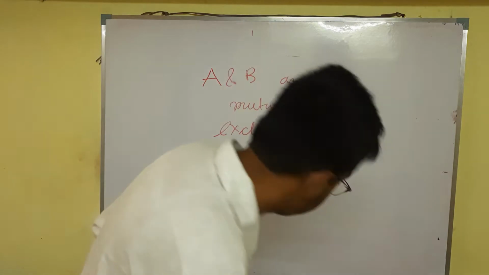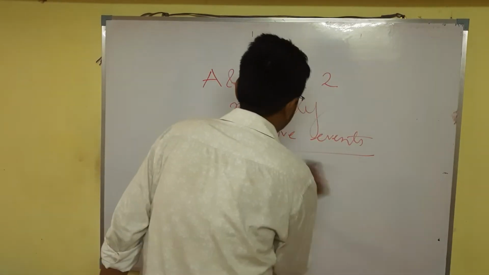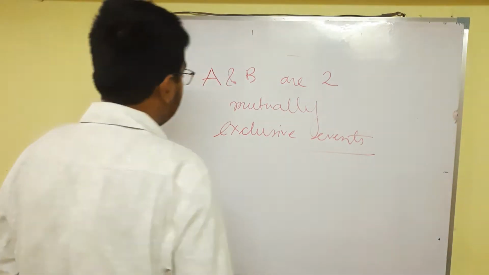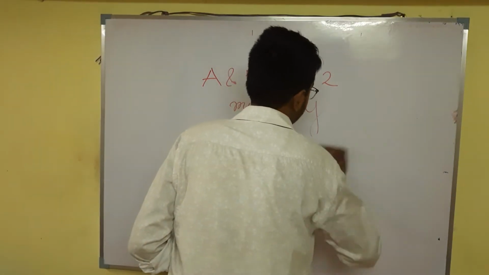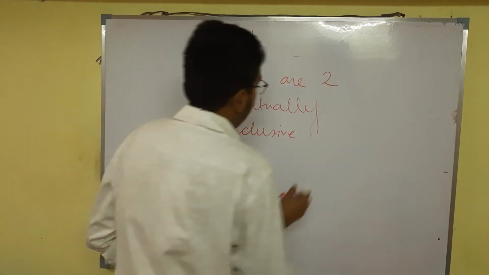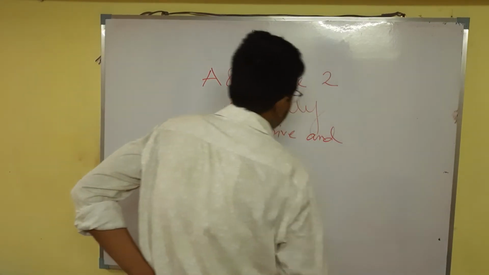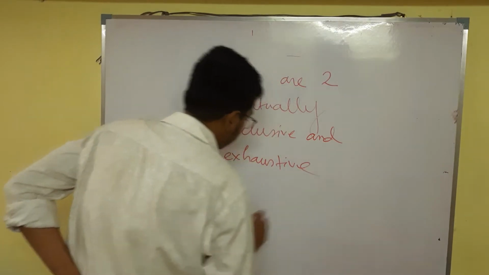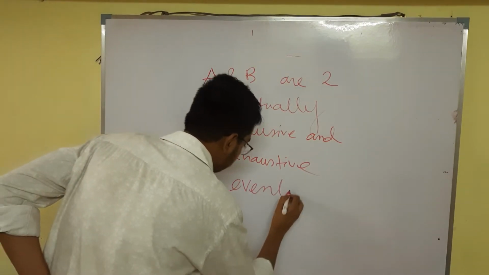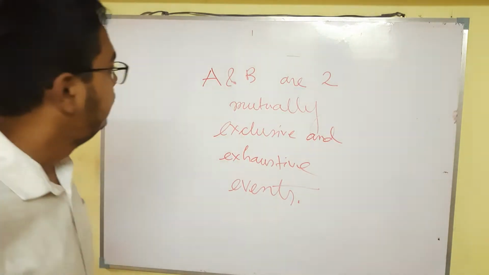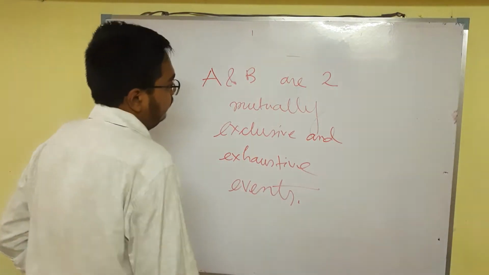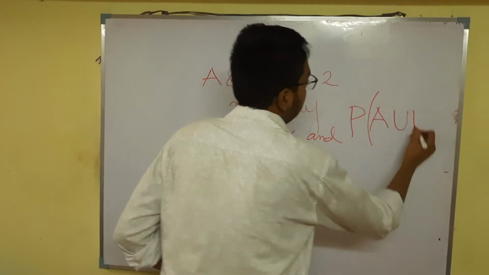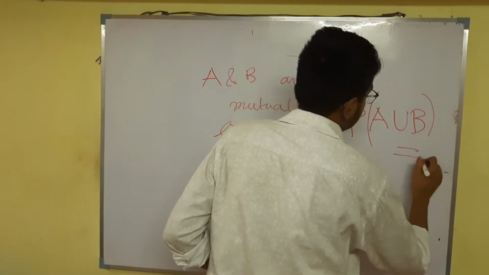If I say that A and B together are mutually exclusive and exhaustive events, and you have to know this term, then you have to know that the probability of A union B is always 1.